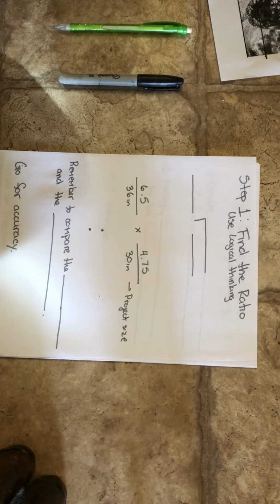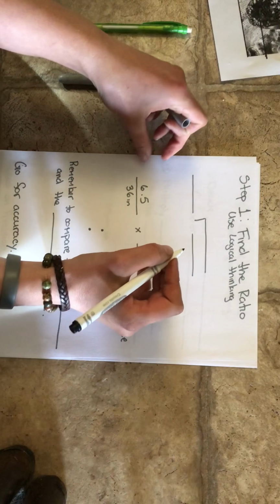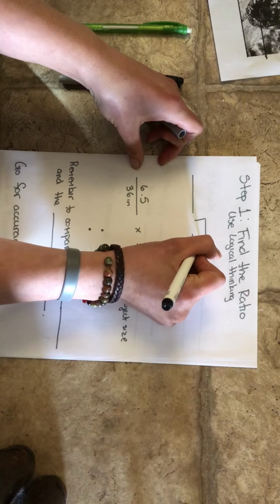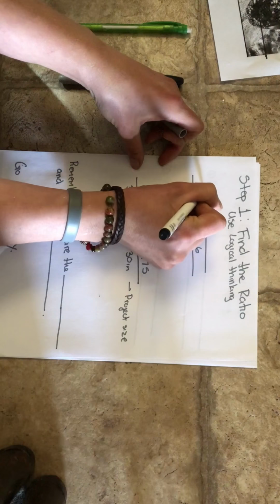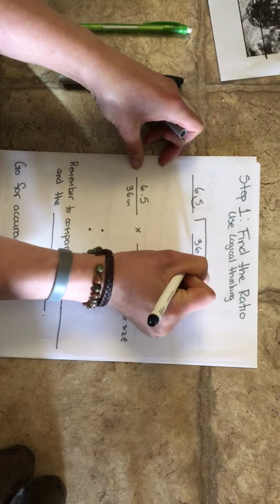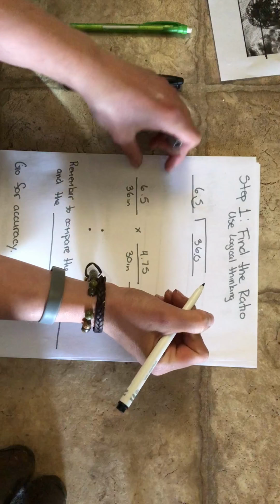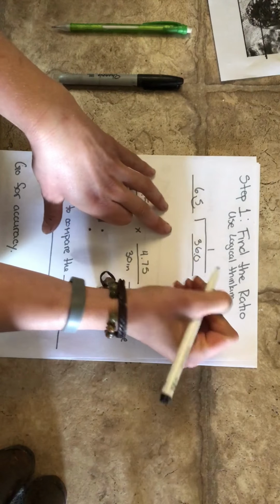6.5. This is when things start to get crazy, and you should pull a calculator out because I'm using my phone to record this. So I know that 6 times 6 is 36. Oh shoot, I've got an extra one in there. All right, so 36 by 6.5, move the decimal, right? So 65, that's 1.